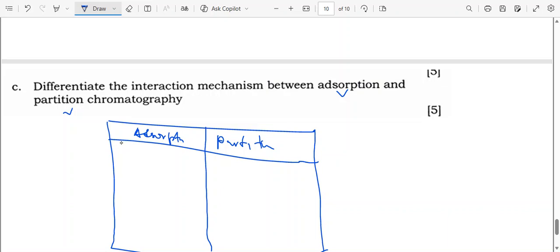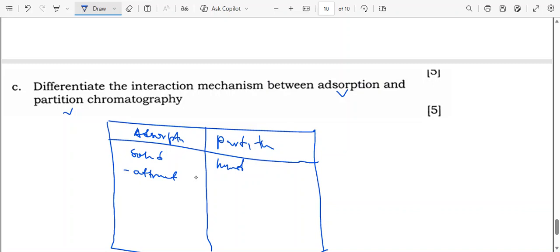In terms of the stationary phase, adsorption uses the solid. Then partition, about distributing, uses the liquid. The other thing I can talk of is that the mechanism used here is about attraction, surface attraction, because they will adsorb to the solid surface.